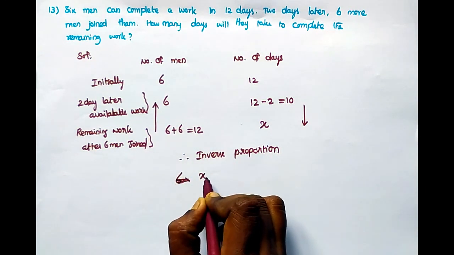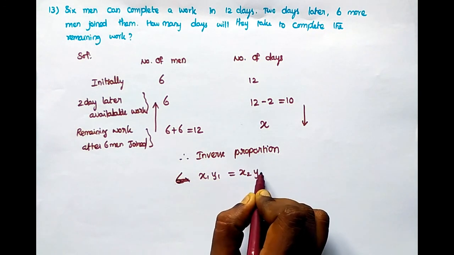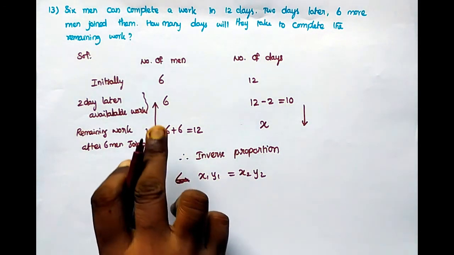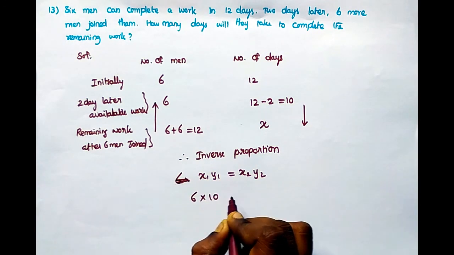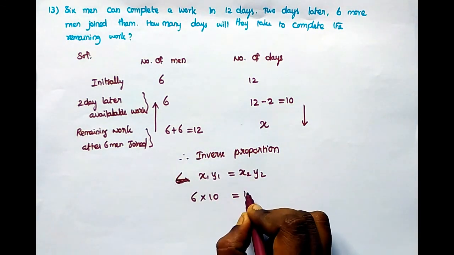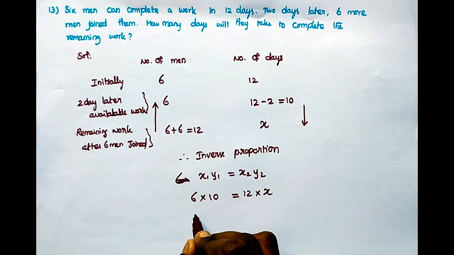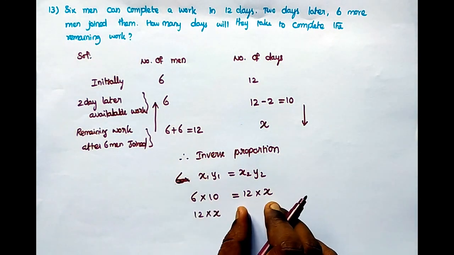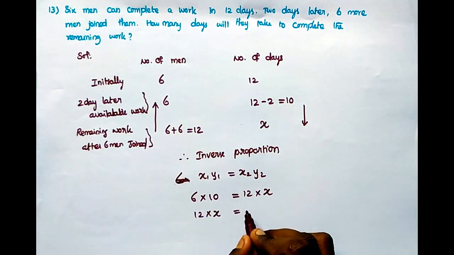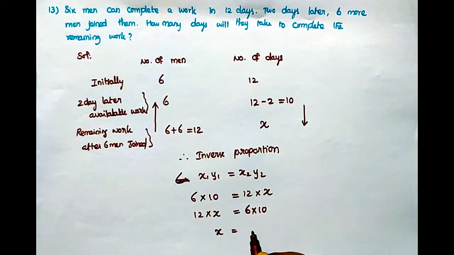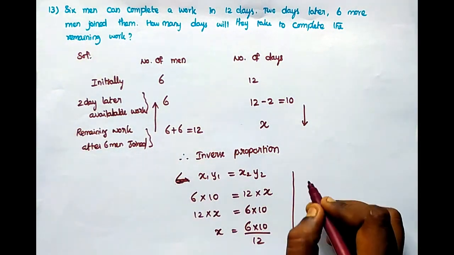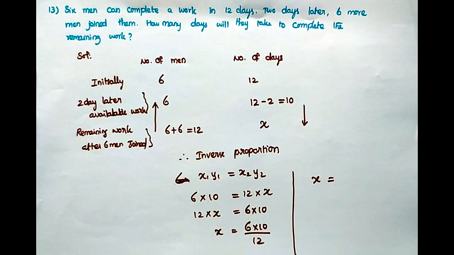Write down the formula. x1 y1 equal to x2 y2. 6 into 10 equal to 12 into x. So 12 into x equal to 6 into 10. So x equal to 6 into 10. This 12 bring this side means division. Then x equal to, cancel these numbers. 6 1 is 6, 6 2s are 12.